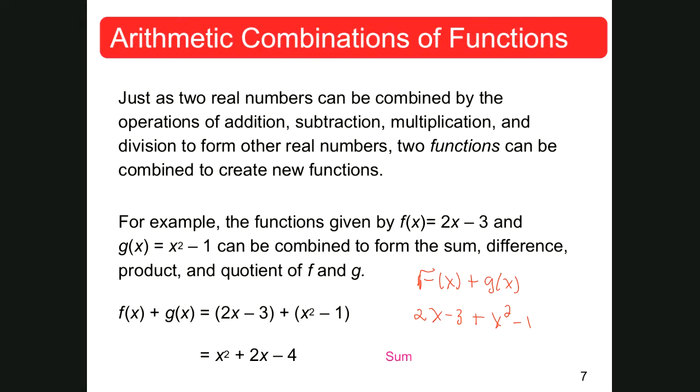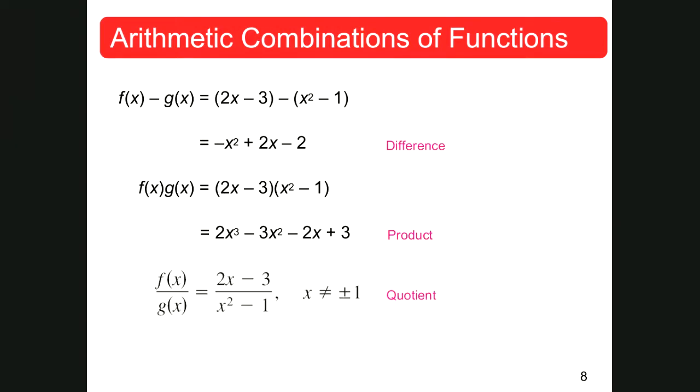So I would rewrite this as x squared plus 2x, and then the minus 3 minus 1 would be a negative 4 there. So that's basically what we're going to be doing this week, combining functions. You can add them, subtract them, multiply them, and then we're going to do compositions also.